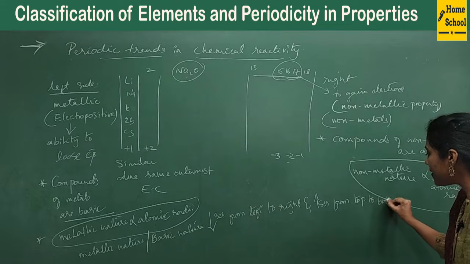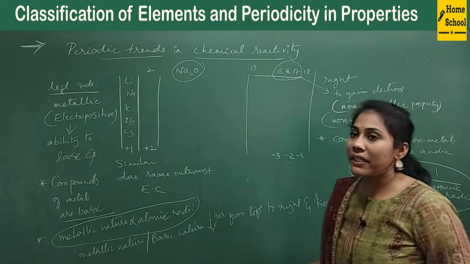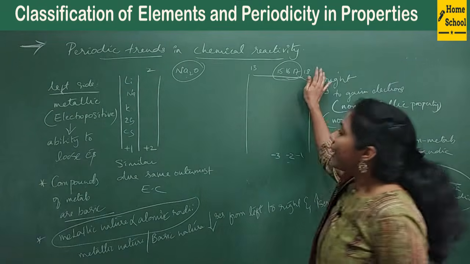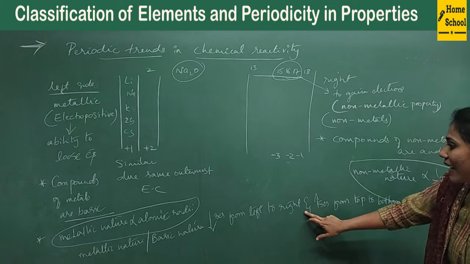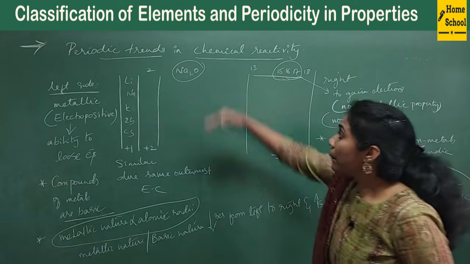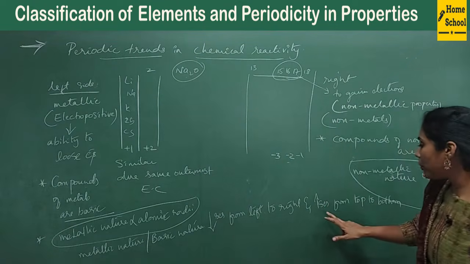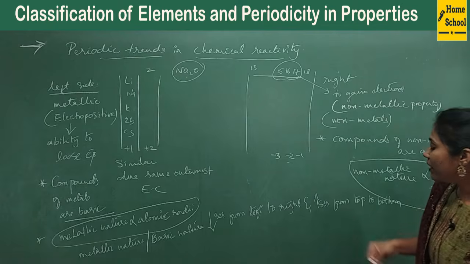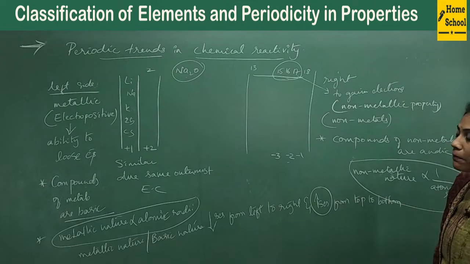Do you agree with this? It is directly proportional to atomic radii. From left to right, atomic radius decreases, so the basic nature decreases. From top to bottom, atomic radius increases, so from top to bottom our metallic nature increases. This point is very, very important.